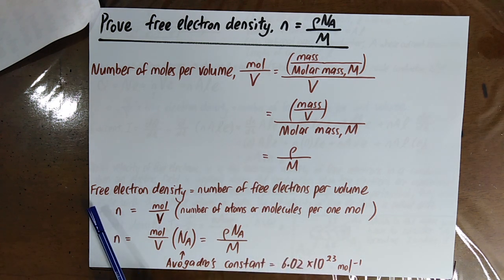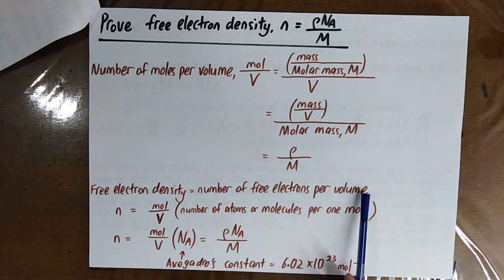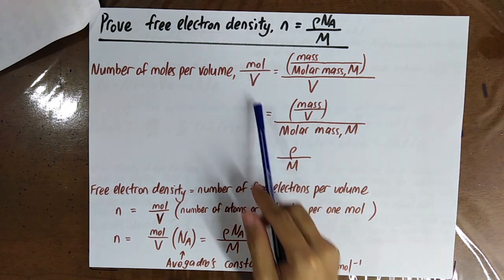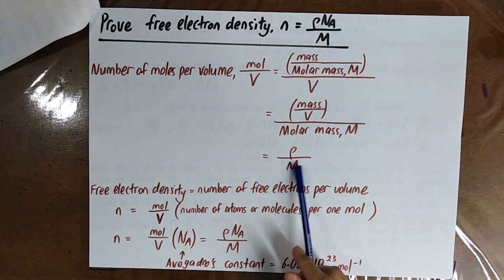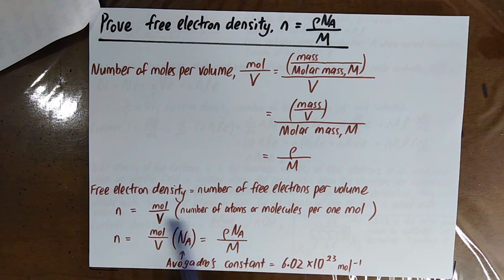So now the free electron density, the number of free electrons per unit volume, is equal to the number of moles per unit volume times the number of atoms or molecules per mole. The number of atoms or molecules per mole is Avogadro's number, which is 6.02 times 10 to the power 23. And just now you know that moles per volume is rho over M. So this is the result.